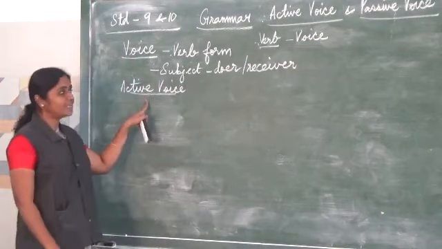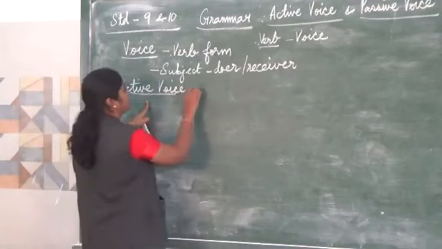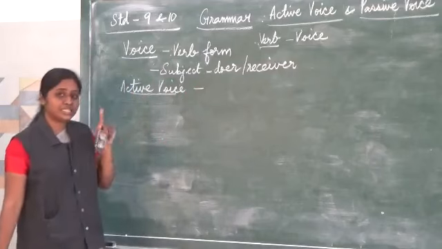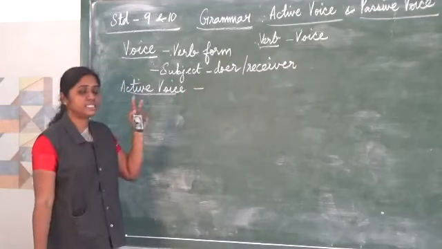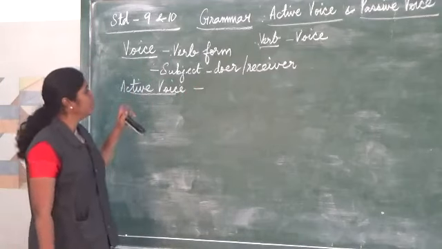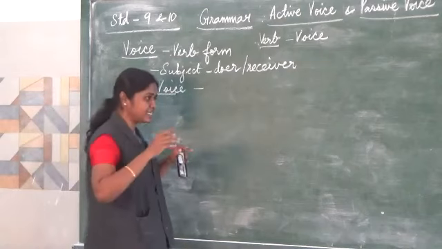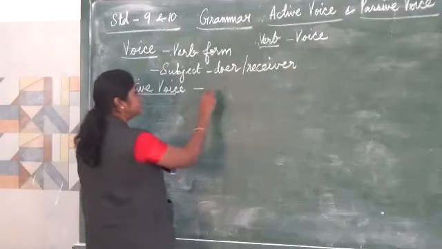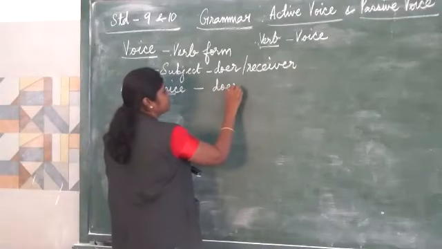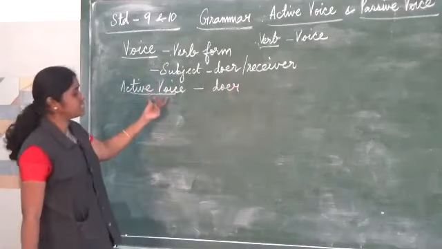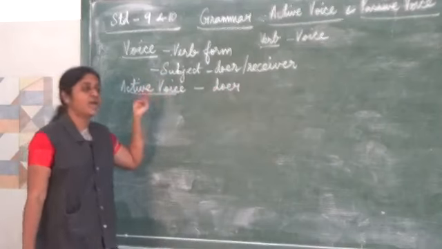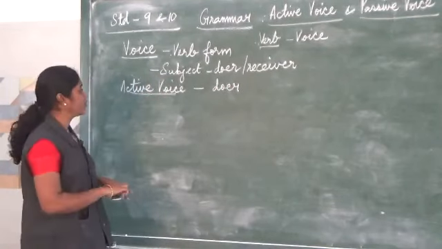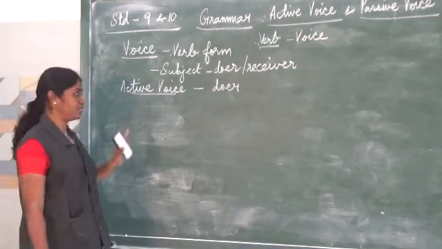Now active voice. When do you call a sentence active voice? If the subject of a given sentence is the doer of the action, then we say that the sentence is in active voice.